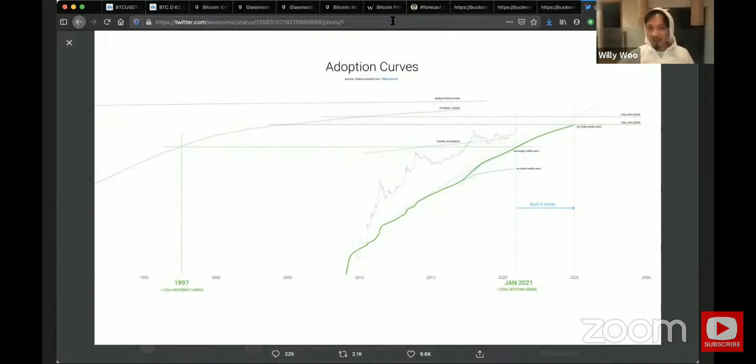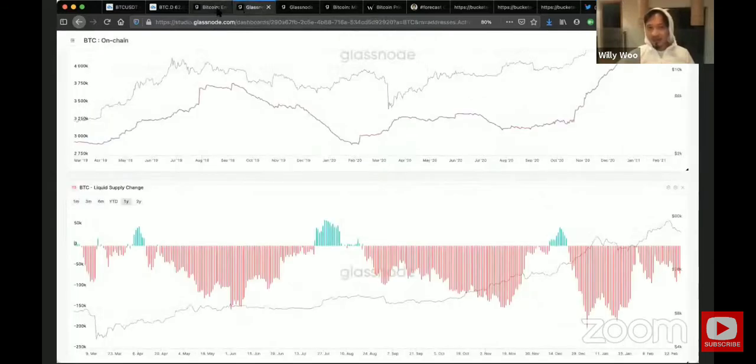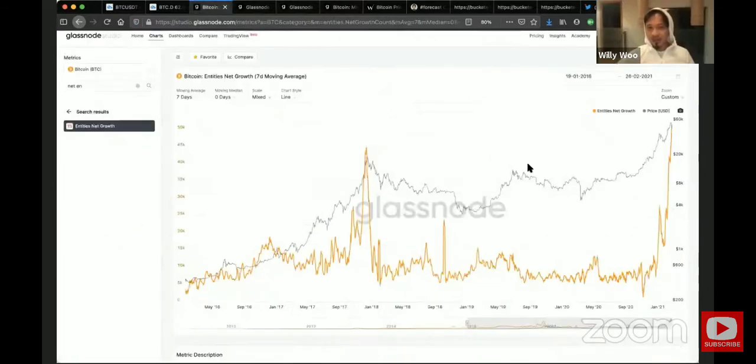In this case, I don't really care about this, because all I wanted to say with this is, hello, retail has arrived. This is not all the corporations in the US coming in at 20,000 new users per day, or hedge funds or high net worth millionaires coming in.